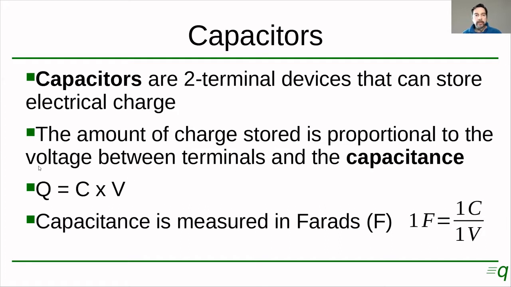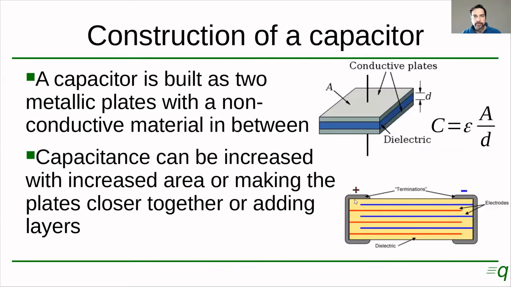Putting that in formulas, it's Q equals C times V, where Q is the charge stored, C is the capacitance, and V is the voltage. Capacitance is measured in farads. The symbol is F, and 1 farad equals 1 coulomb over 1 volt, okay?